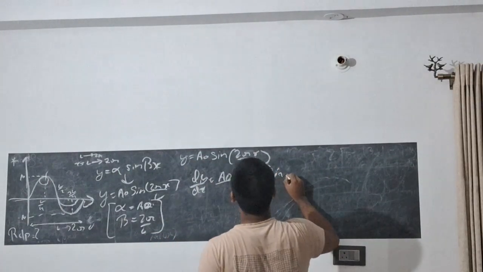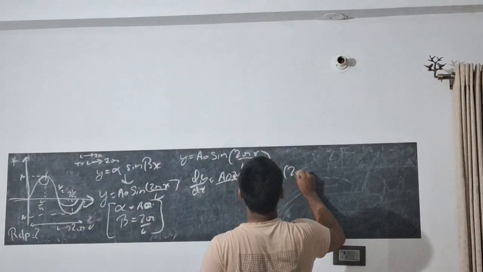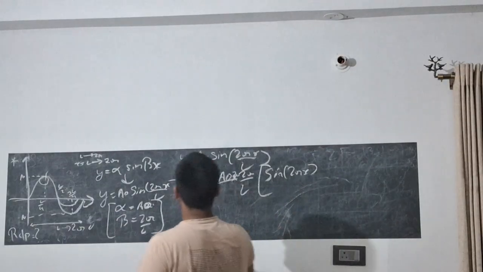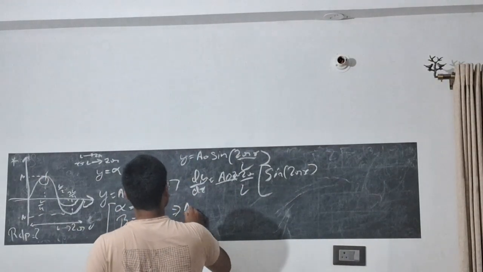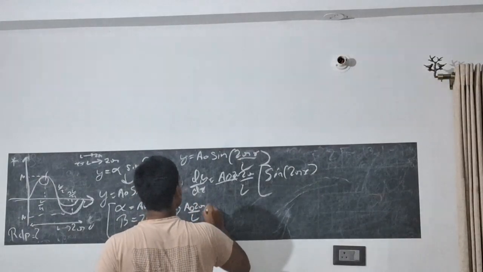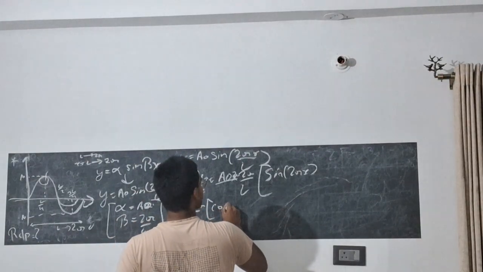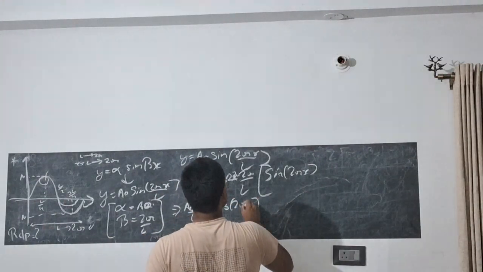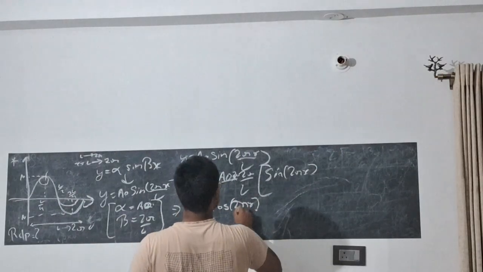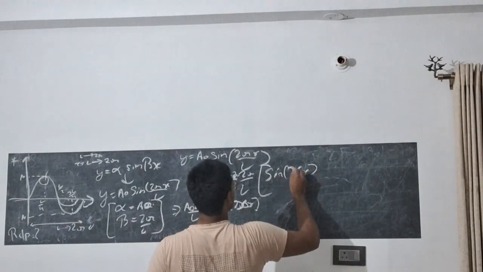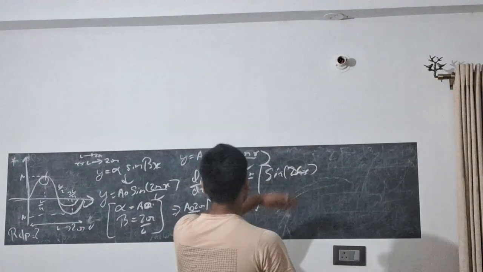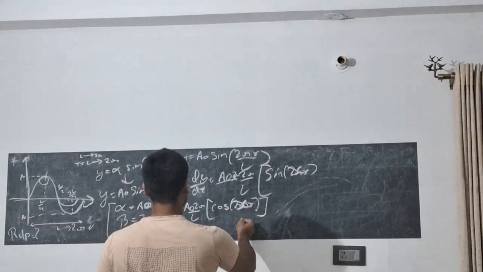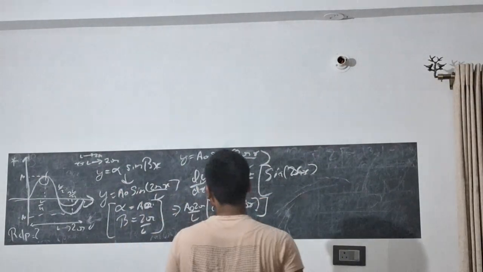The thing that would be differentiated would be sine 2 pi x, so first we differentiate sine to cos, 2 pi x, sorry, only x. This would only remain x because we have taken common this side. This will remain x, and this is the answer. This is the first derivative.